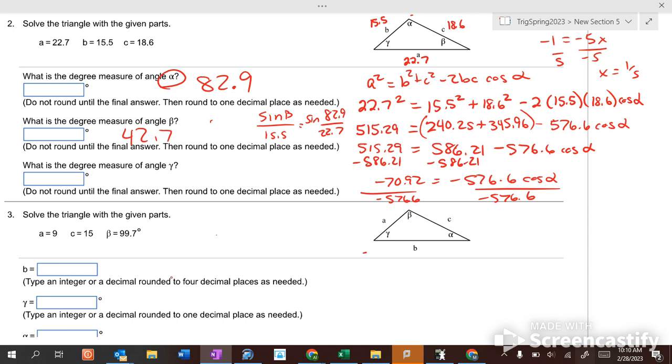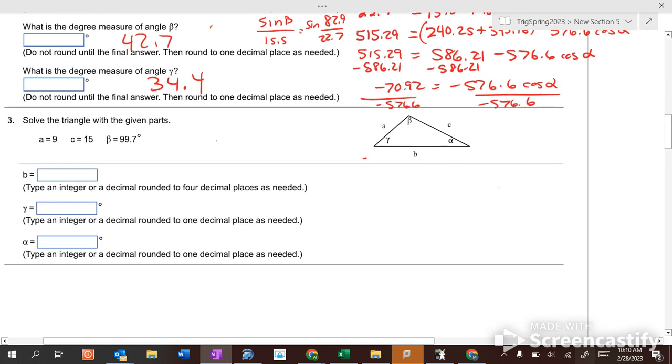So then we'd be left with 34.4 for that one, I think. Okay? So that's the basics of doing it.